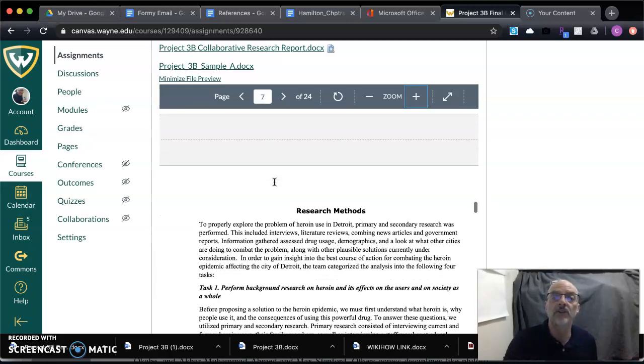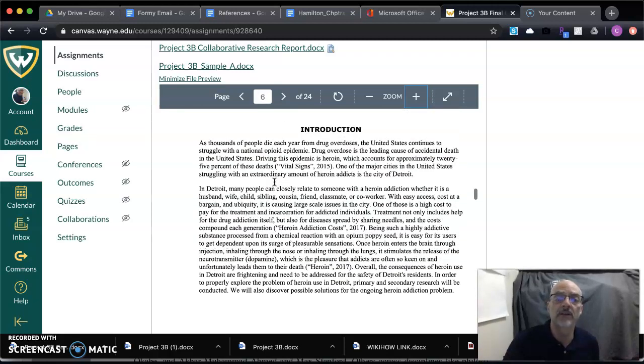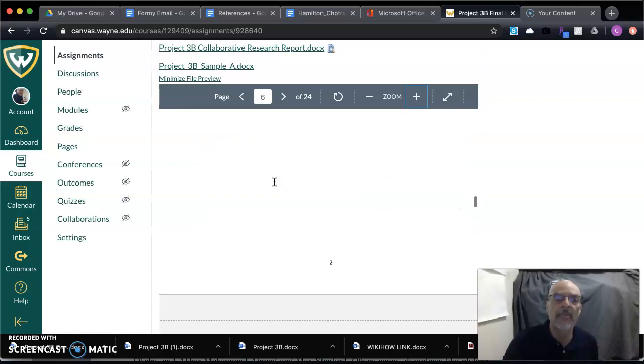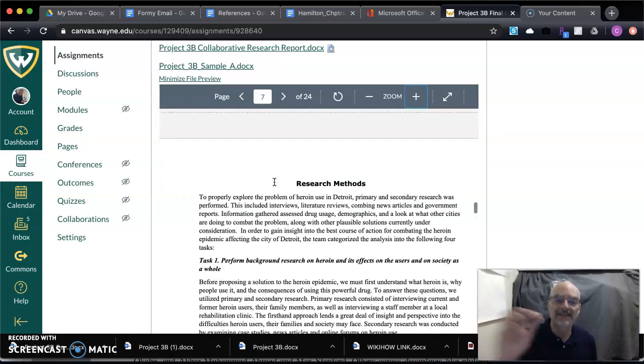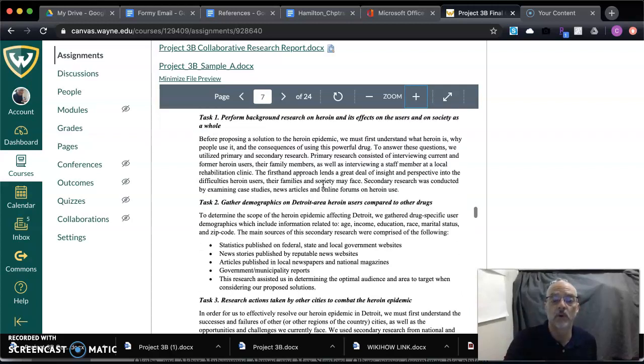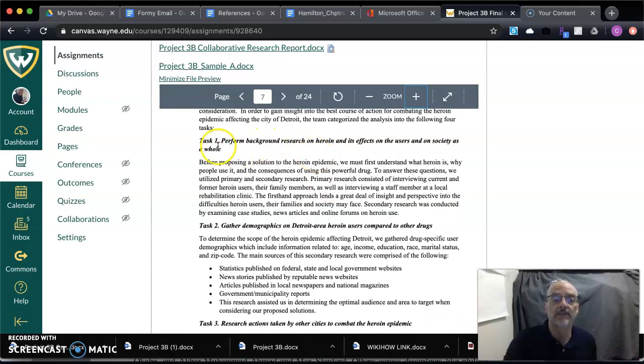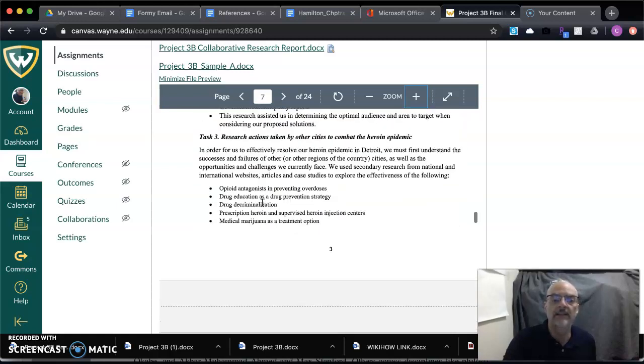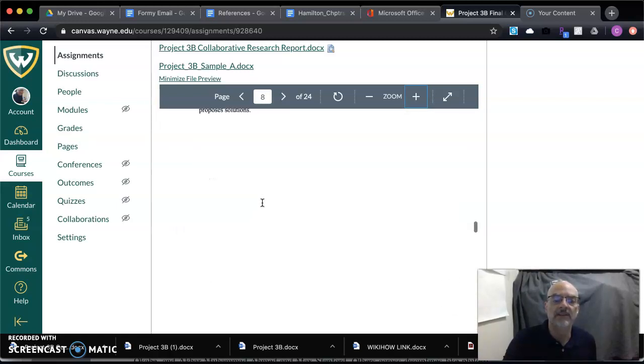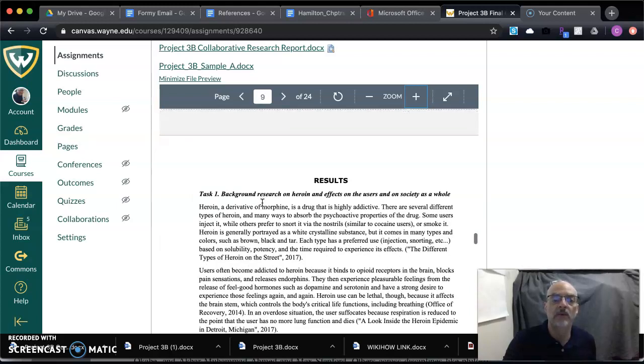Notice that the next section, research methods, in this case is just another way of saying findings. It starts on its own page, centered and bold. Then notice the subheadings in bold italics: here were the tasks, what they did; here were the results.